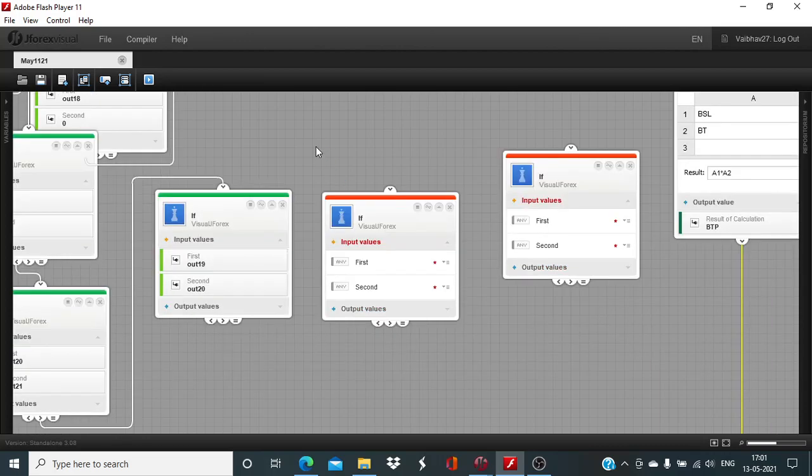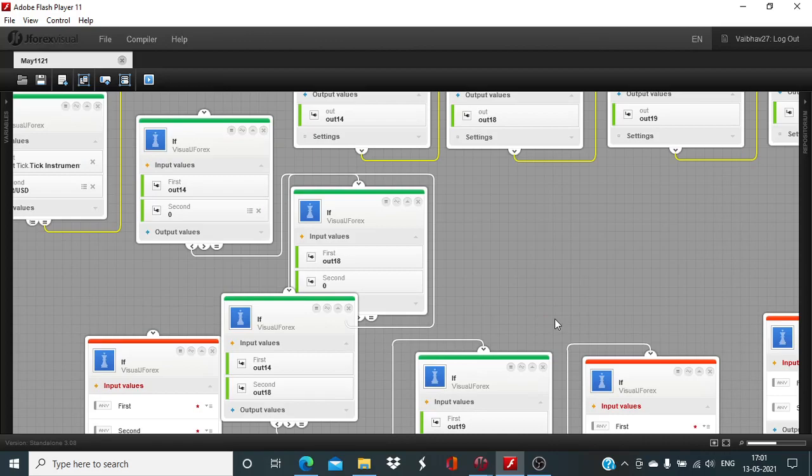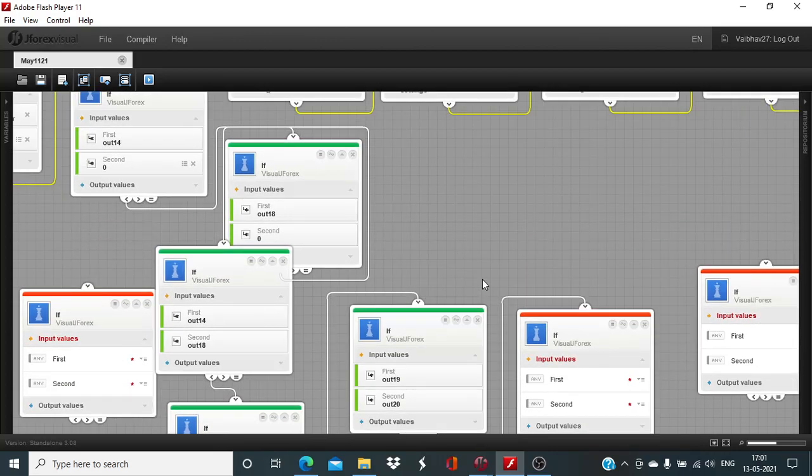And in this case, first input should be less than second input. Alright.